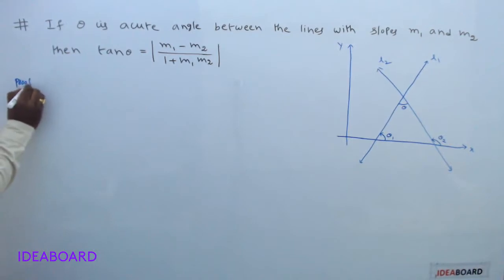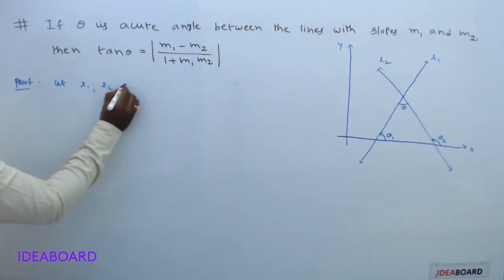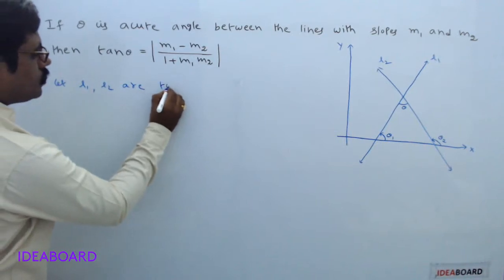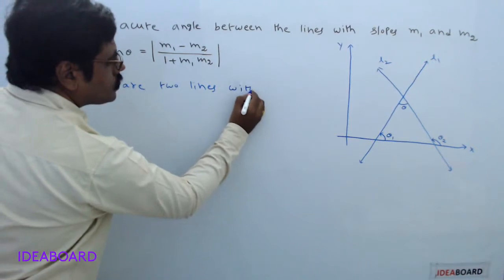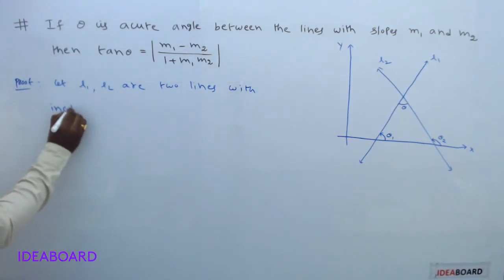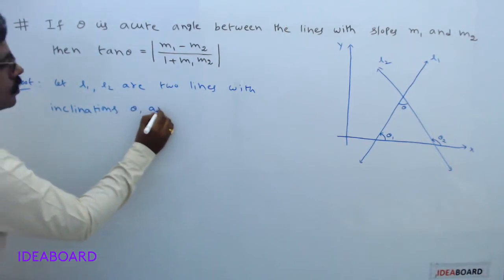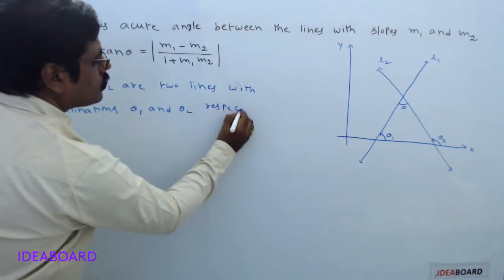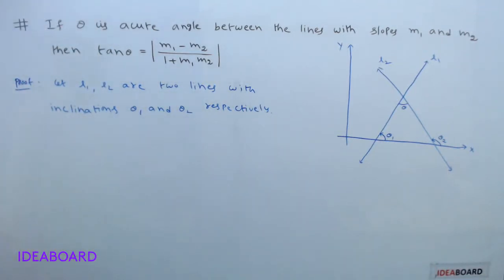So write down the proof. Let L1, L2 be two lines with inclinations theta 1 and theta 2 respectively.